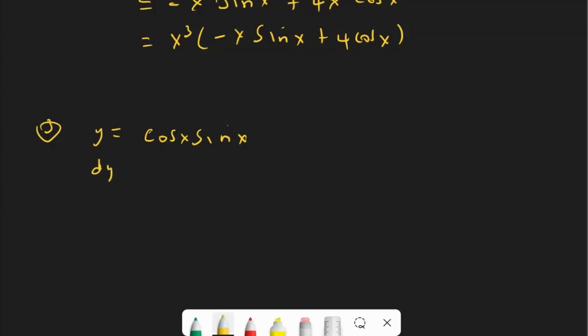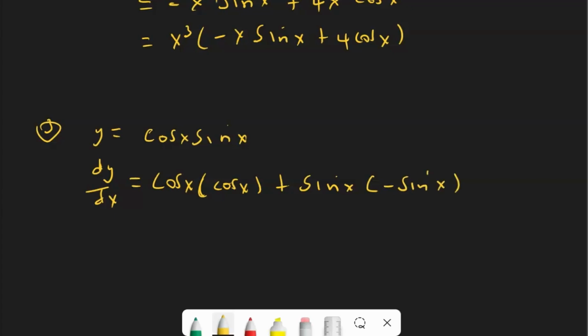Say dy dx is equal to: put down the first function, which is cos x, then multiply by the derivative of sine x, and we know the derivative of sine x is cos x, plus put down the second function, which is sine x, multiply by the derivative of the first function, and we know the derivative of cos x is minus sine x.